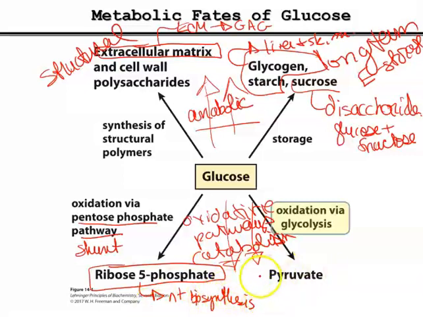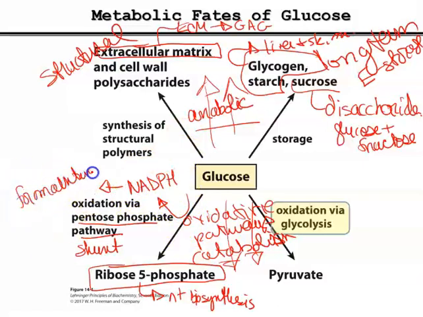And another product that we get out of this oxidative pentose phosphate pathway branch is NADPH, which is important for maintaining a reducing environment in the cell.